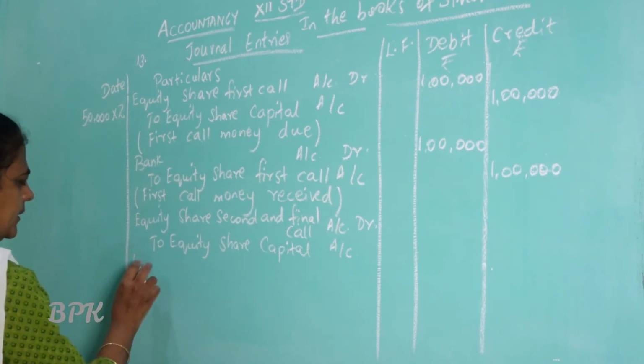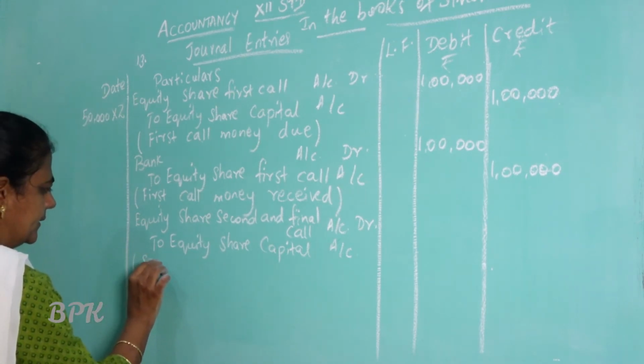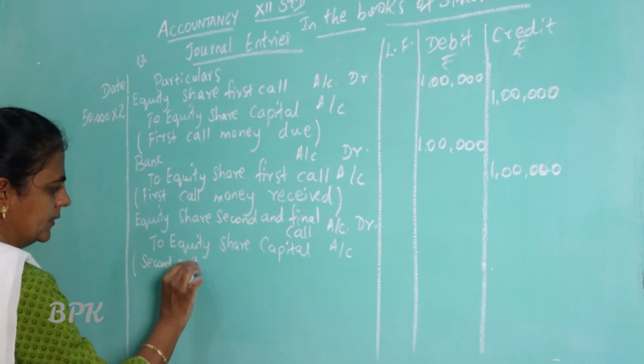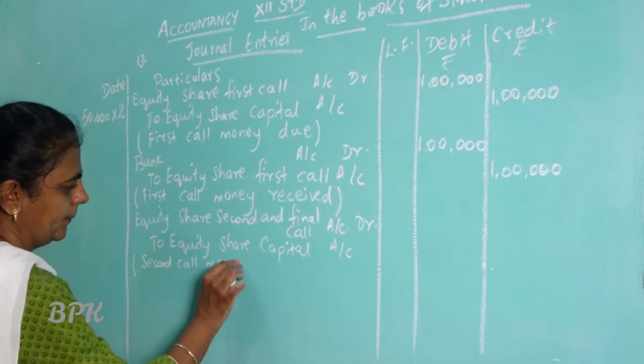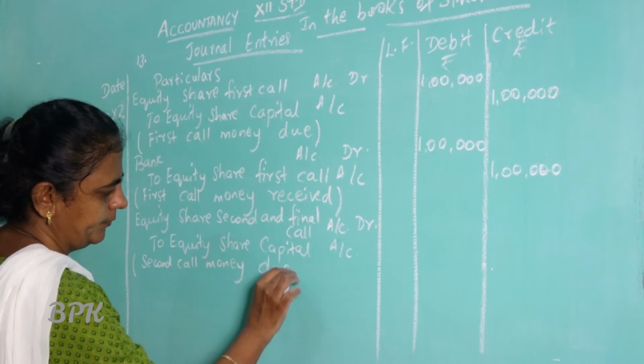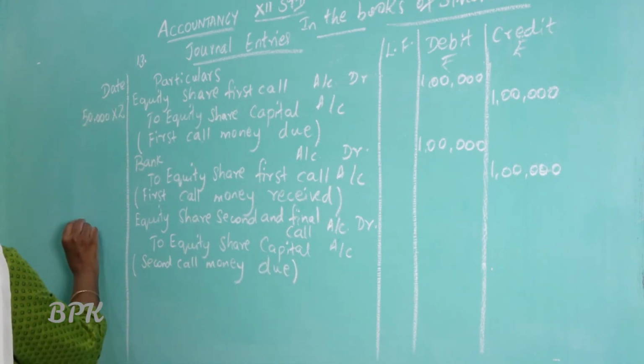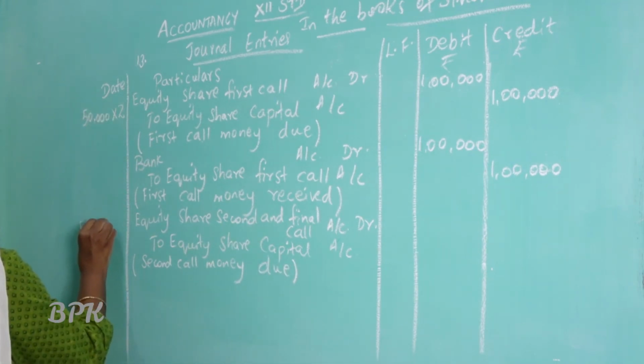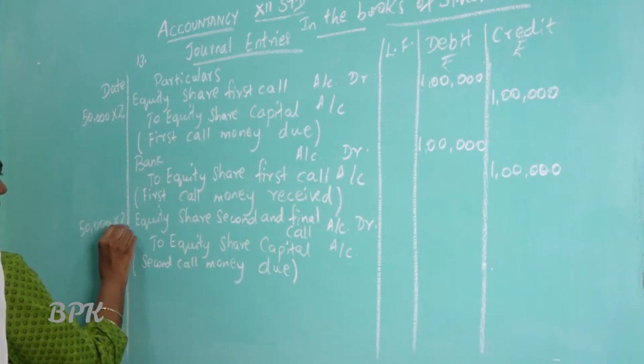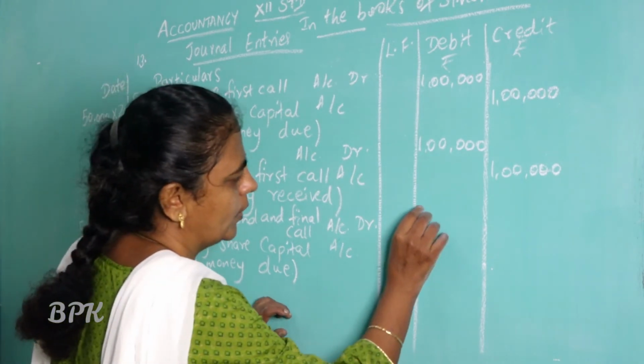So second call money due. For how many shares? 50,000 shares. Again, how much rupees? 2 rupees. So that will give you 1 lakh.